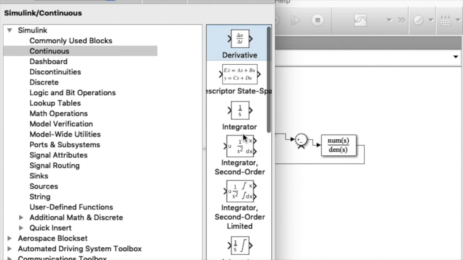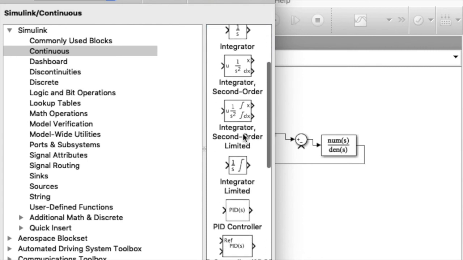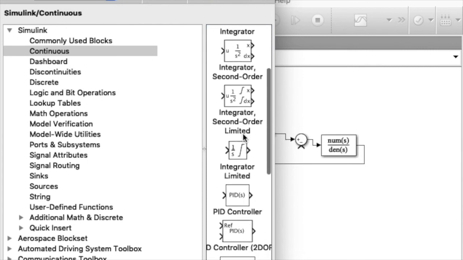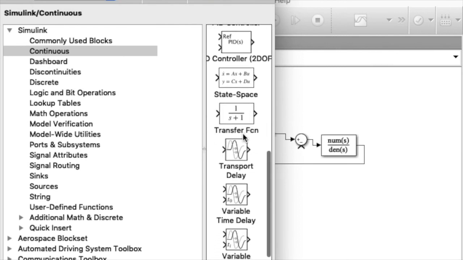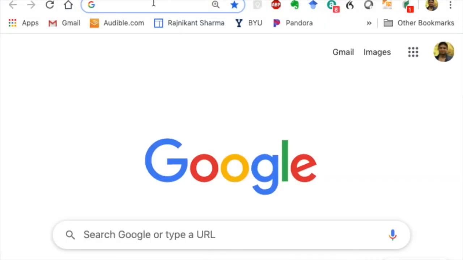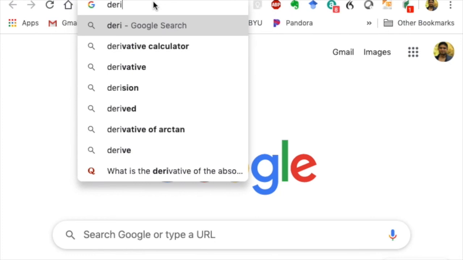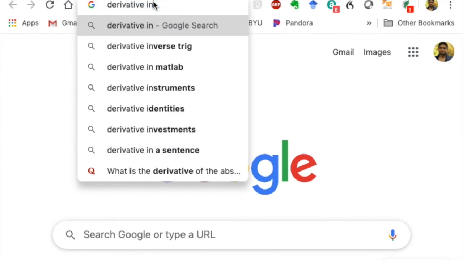No. Let's Google it. Derivative and Simulink.